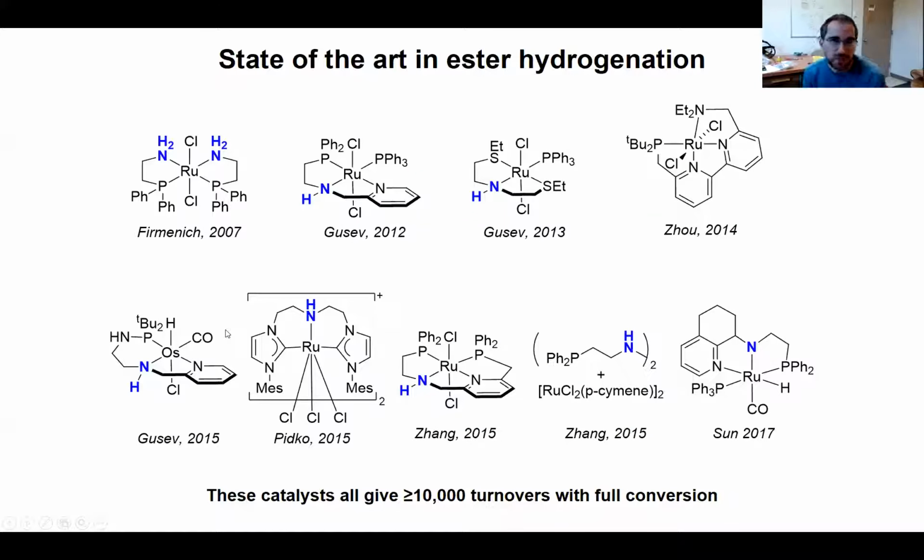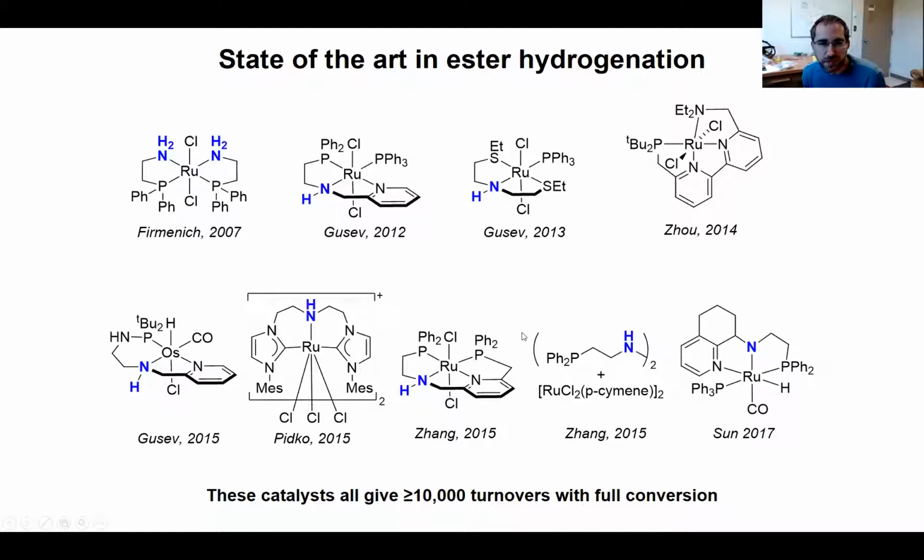Meanwhile, while Milstein's catalyst has found many important applications in catalysis, there's also been a lot of optimization of structures for reactions like ester hydrogenation, which was in one of these original reports for this catalyst. I'm showing here a series of some of the most highly active catalysts for ester hydrogenation in particular, coming from various groups all over the world.